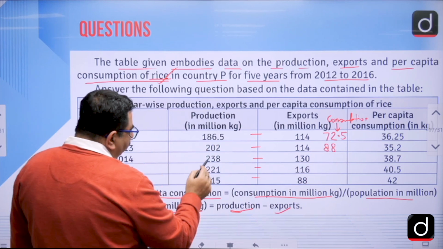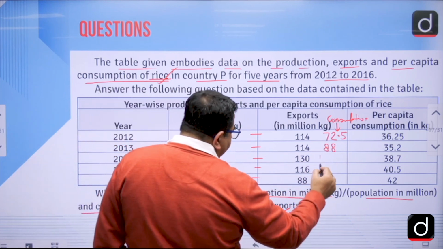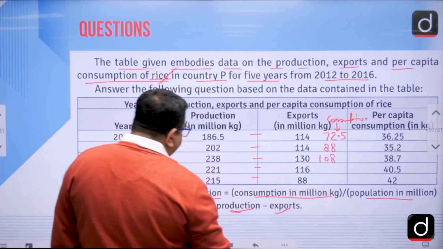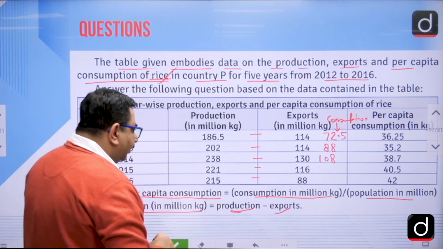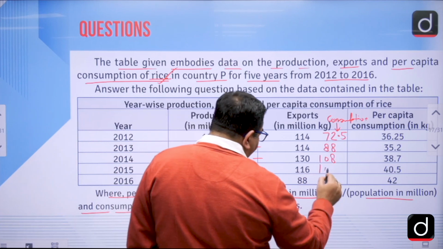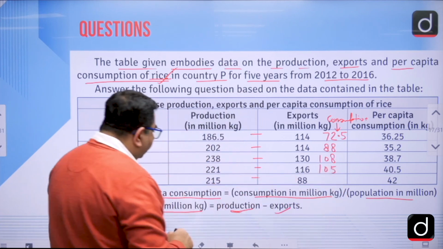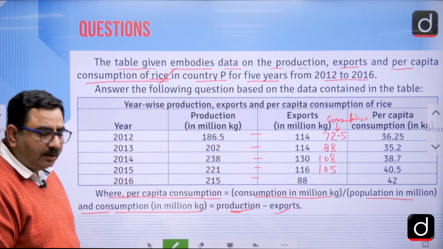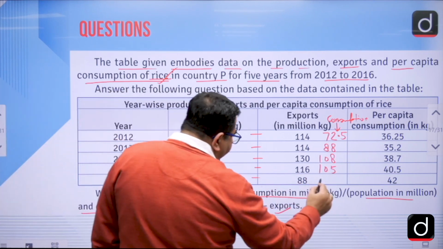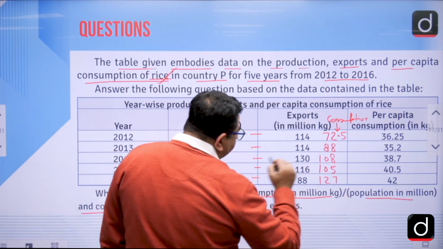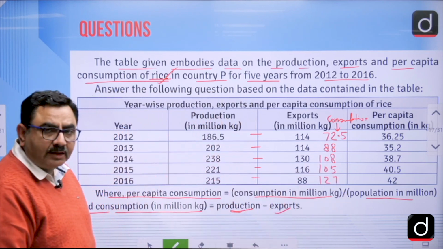Then 238 minus 130, that is 108. Then 221 minus 116, that is 105. And then 215 minus 88, so 12 and 115, that is 127. So these are the consumption values.